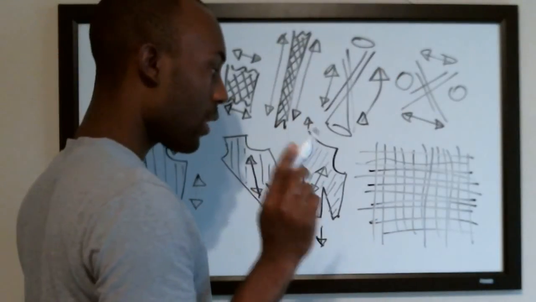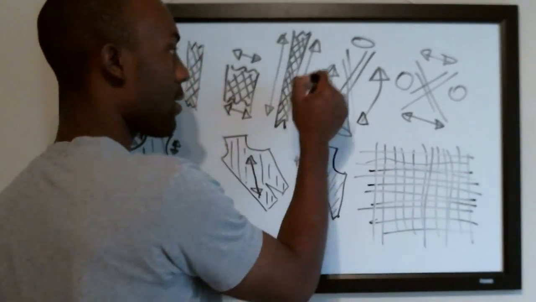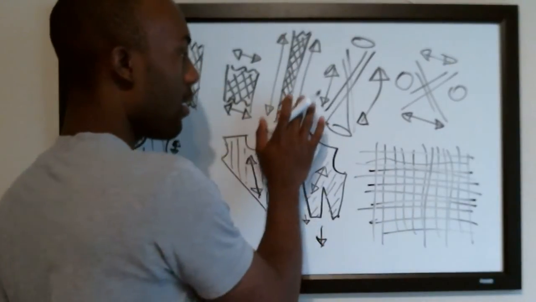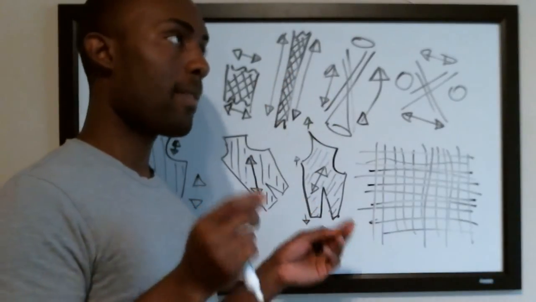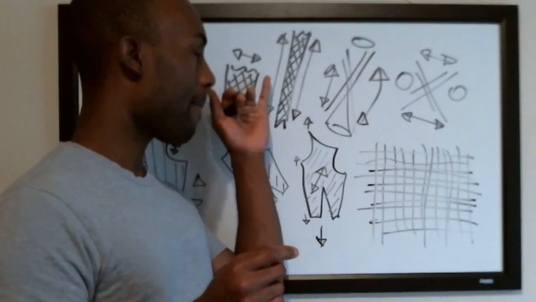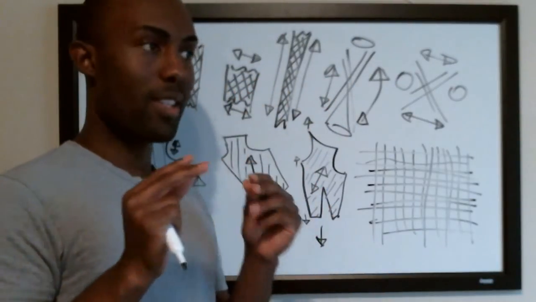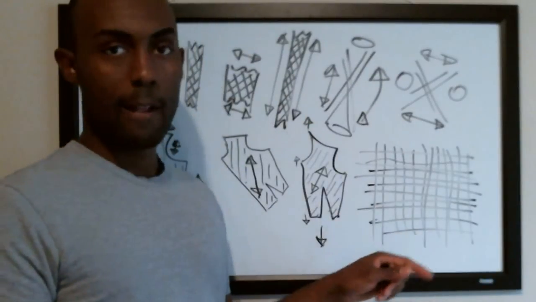Now, the crazy thing about the bias on a piece of fabric and the bias on a Chinese finger trap, the pieces of paper that make up the Chinese finger trap are much thicker than the yarns in fabric.